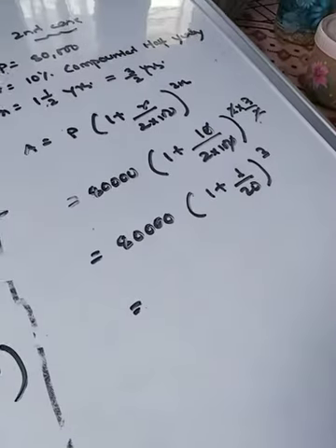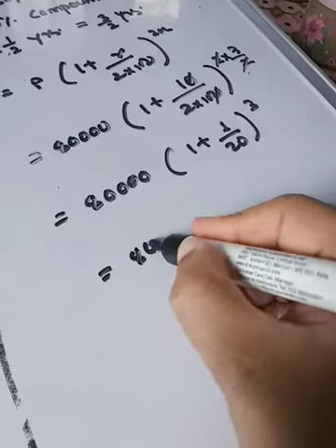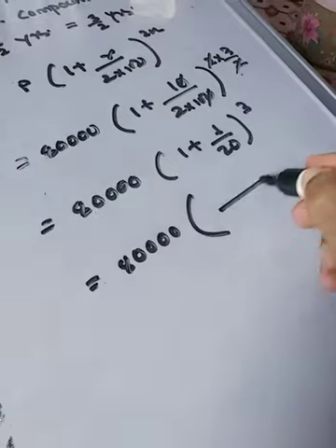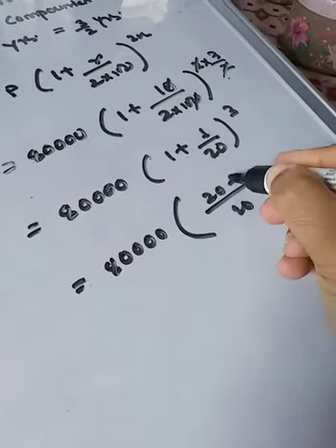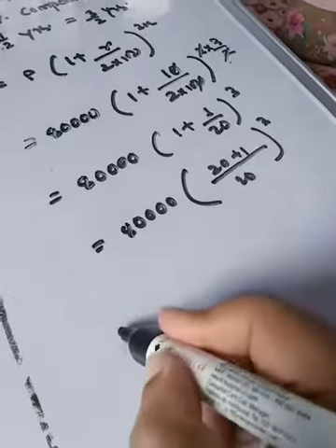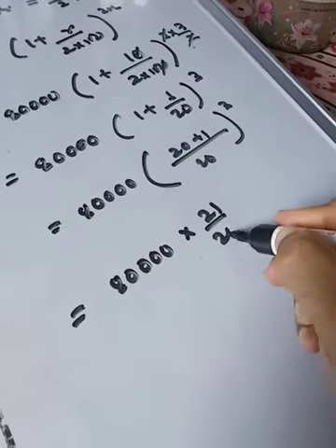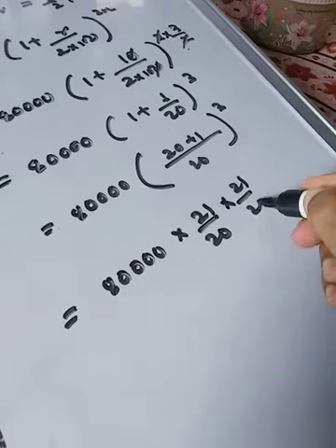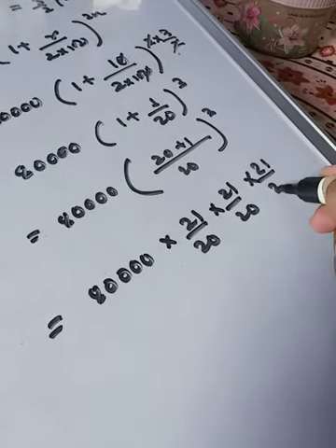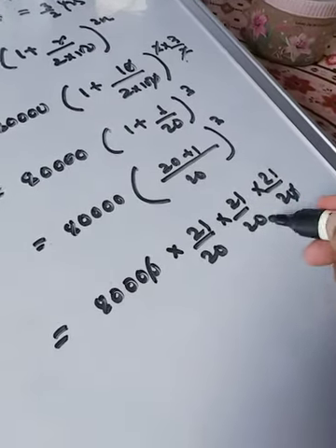So that would be equal to, we'll solve the bracket, 20 plus 1 to the power 3. Now 80,000 into 21 by 20 into 21 by 20 into 21 by 20. Let's reduce the zeros first.